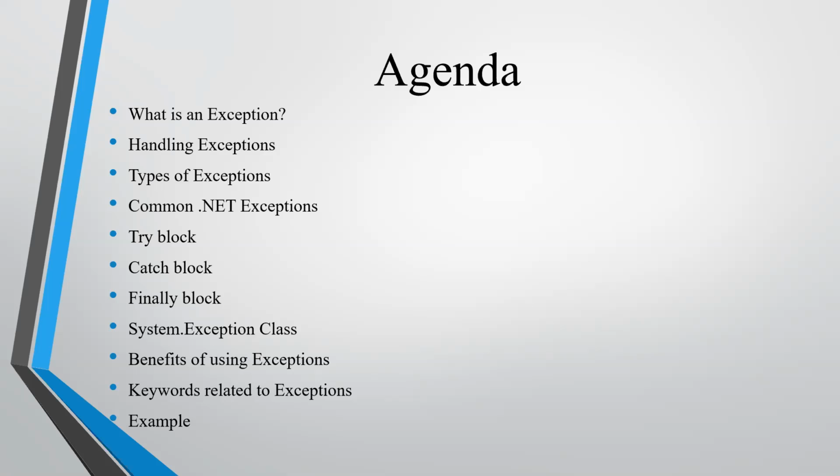Then we'll talk about the three blocks of exceptions: try block, followed by catch block, followed by finally block. Then we'll have a glimpse of system.exception class. Then we'll see some benefits of using exceptions, some keywords related to them, and a simple example.